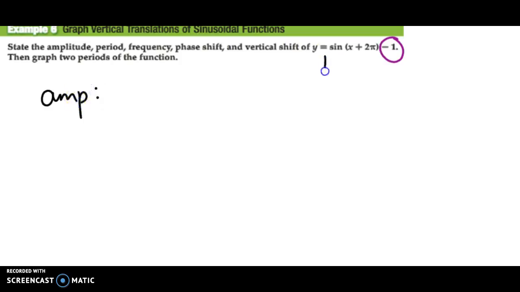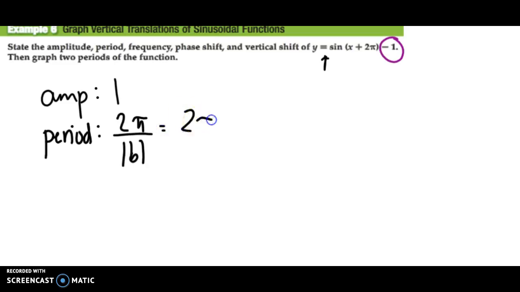Amplitude is the number in front of my sine or cosine. This one is 1. Then we need to find period. Remember, period is 2 pi over the absolute value of b. So in ours, 2 pi over absolute value of 1, because there's just nothing in front of x. So that means that my period is 2 pi, like a normal sine graph.